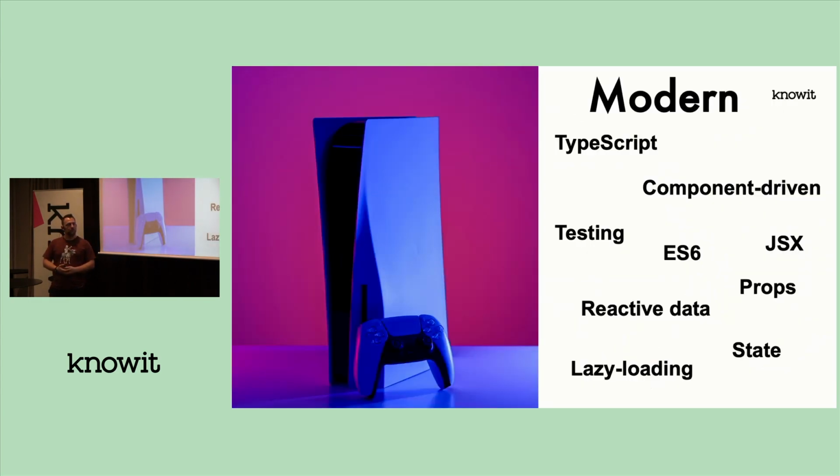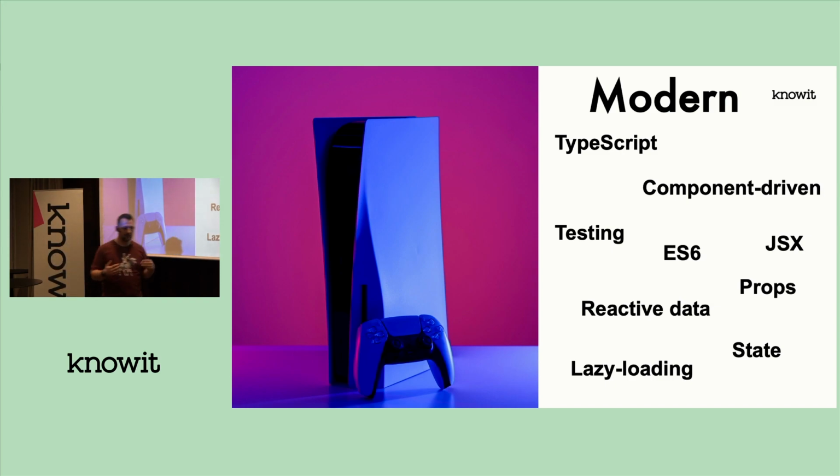So you feel like something like this would be even better, a more modern approach to things, like a newer, updated machine. You want to do TypeScript because you like types. Maybe you want to do component-driven development, right? You want to do testing, maybe, or write ES6, and design some components with props.